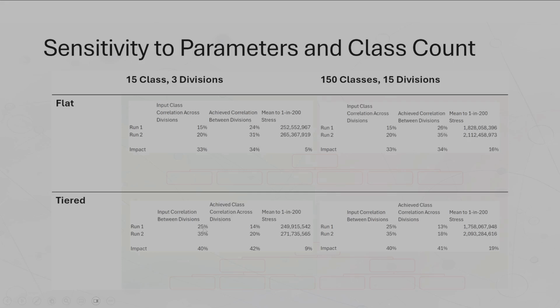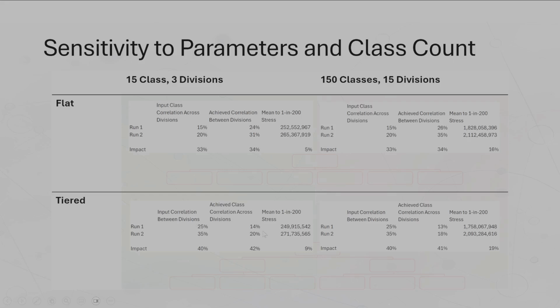And the first output we're going to measure is the achieved correlation between pairs of classes that are in different divisions. So kind of working in reverse. We can see here that the 25% input is yielding an achieved 14% output, which is not dissimilar to the 15 here. And the 35% input is achieving a 20% output, which is not dissimilar here.